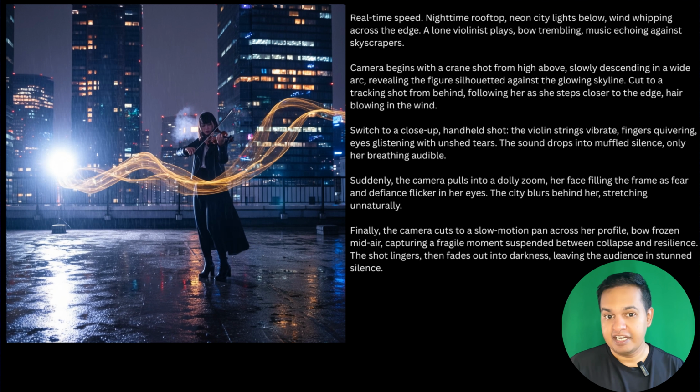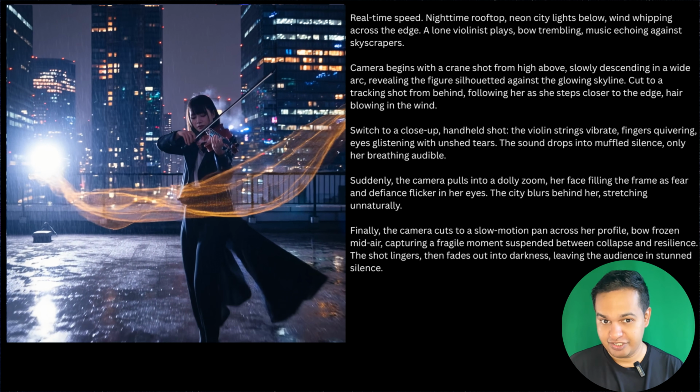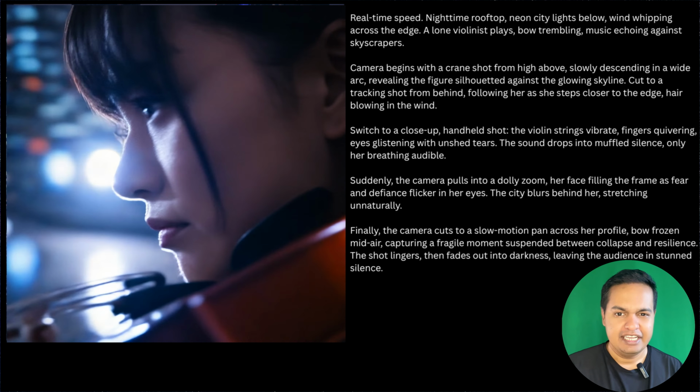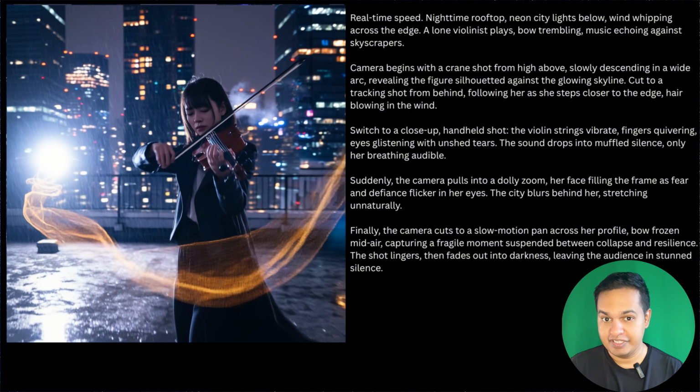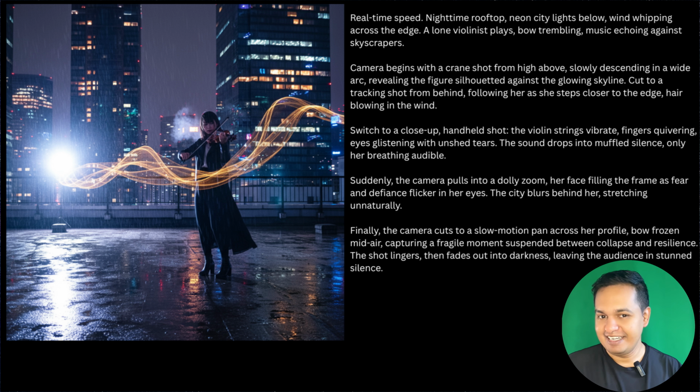In the middle, there are a few more camera instructions, like switching to a close-up handheld shot of the violin string vibrating and her eyes glistening. Then pull to a dolly zoom with the face filling the frame, and finally cut to a slow motion shot across her profile. And yeah, it's a lot of camera movements crammed into one single prompt.